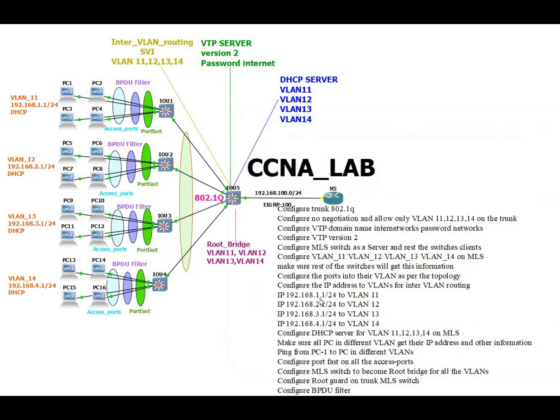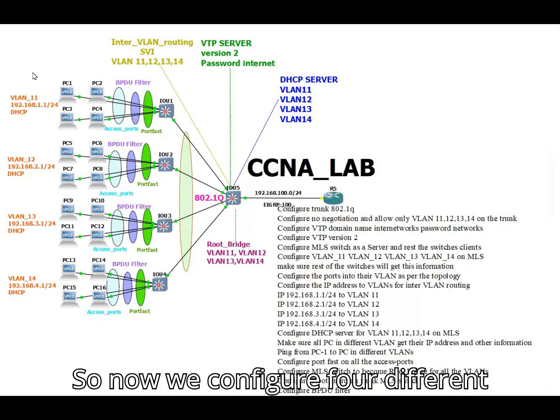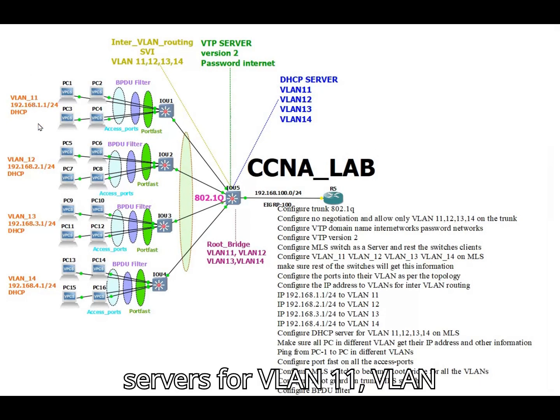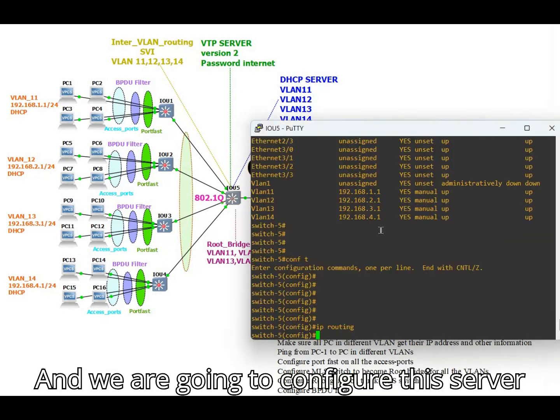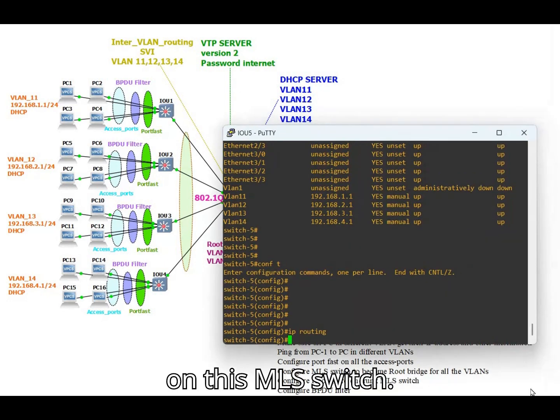Now we configure the DHCP server for VLAN 11, 12, 13, 14. So now we configure four different pools for VLAN 11, VLAN 12, VLAN 13 and VLAN 14. And we are going to configure this server on this MLS switch.